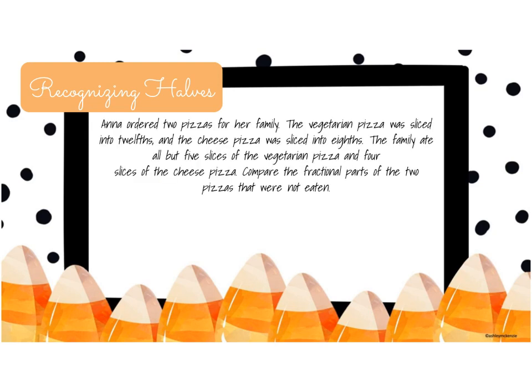Okay, here's a problem to think about. Let's get your whiteboards ready. Anna ordered 2 pizzas for her family. The vegetarian pizza was sliced into 12s. And the cheese pizza was sliced into 8s.